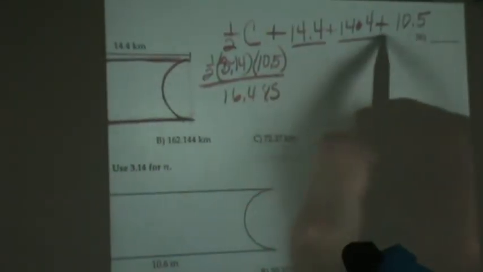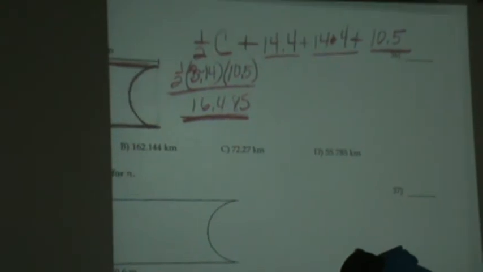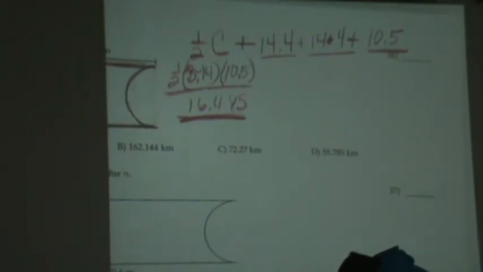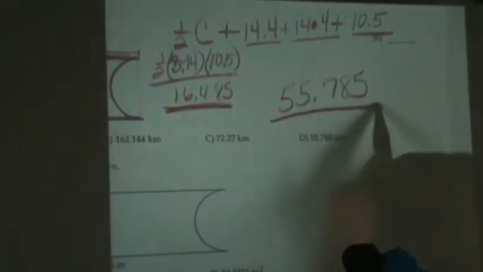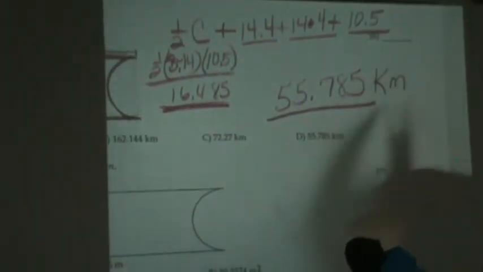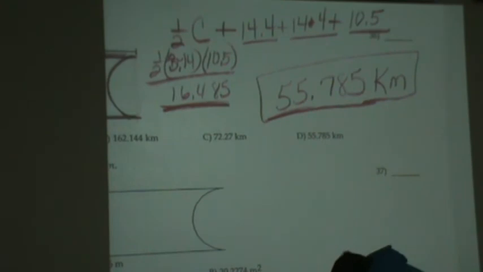And then add these other three. That plus 14.4 plus 14.4 plus 10.5. And these are kilometers. Is that squared? No, it's the distance around.